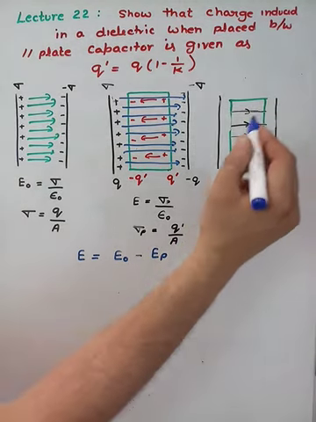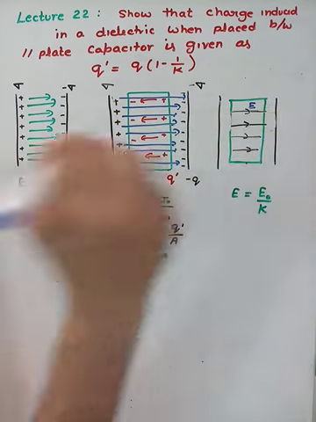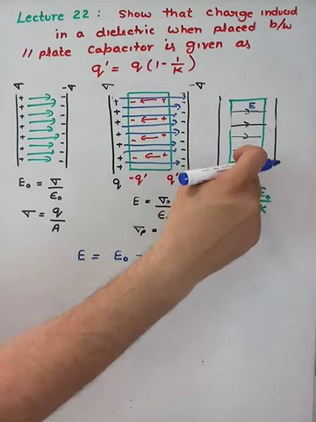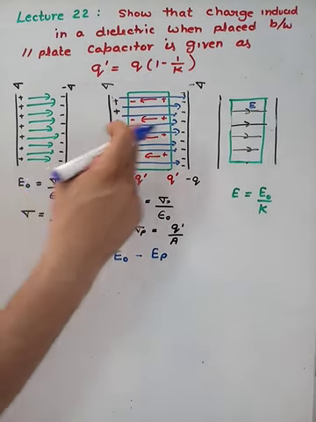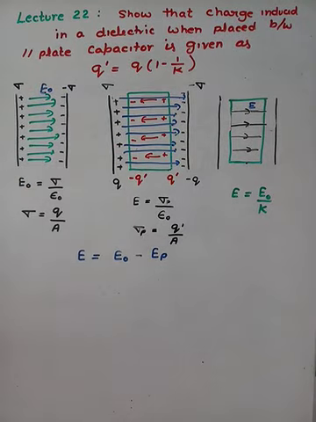This is E naught, and this red one is EP.